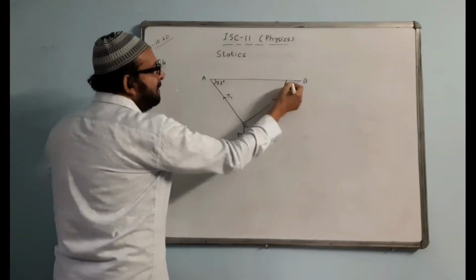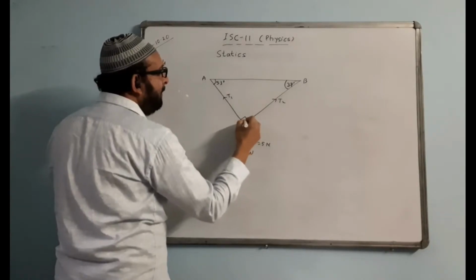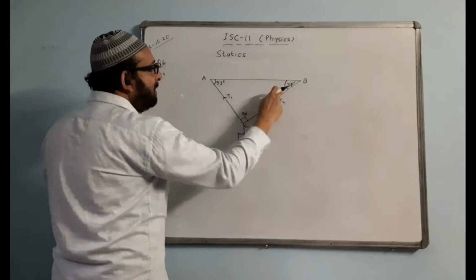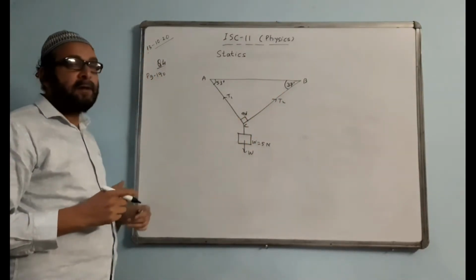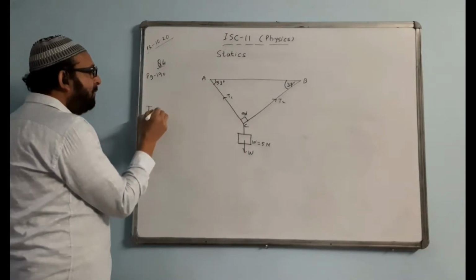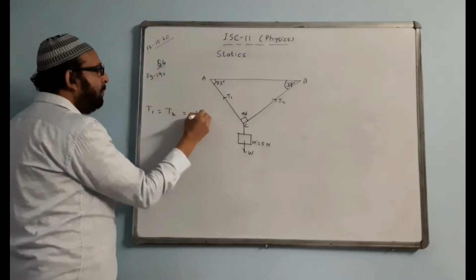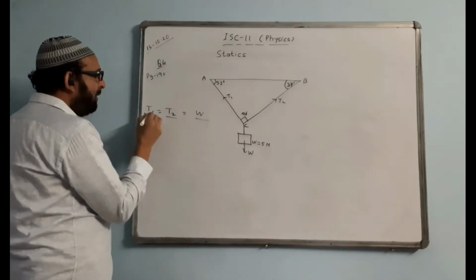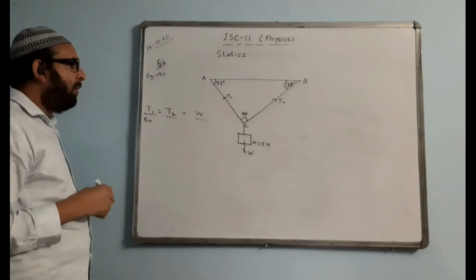This is 53, this is 37. So this angle will be how much? The remaining angle of the triangle will be exactly 90 degrees, because 53 plus 37 makes 90. So this will be another 90. So I will be writing Lami's theorem. We write it as T1, T2, W upon sin of the angle values.